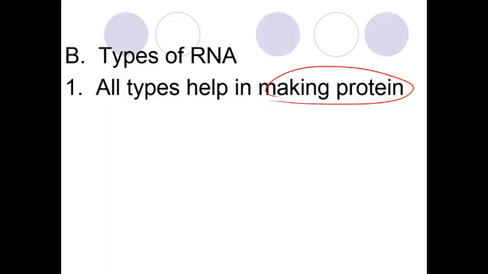You have a pitcher, a catcher, you have the different outfield positions and the different base positions, shortstop, so on. All of them are trying to win a baseball game, but they each have a different role in making that happen. Well, the types of RNA, they each have a different job, but the ultimate goal is to make that protein.